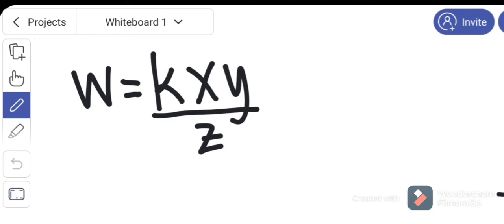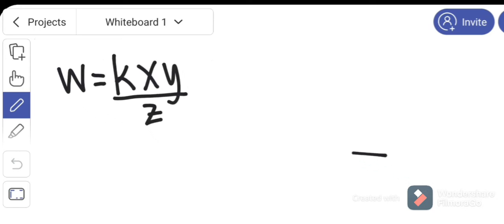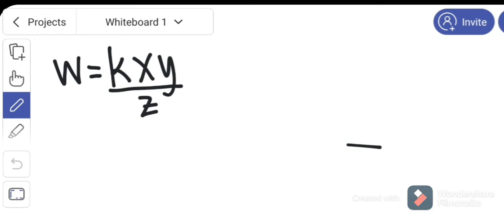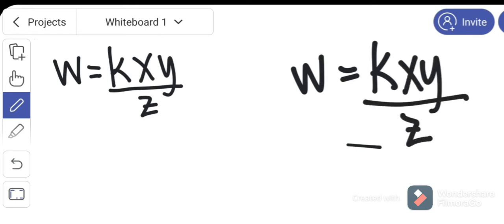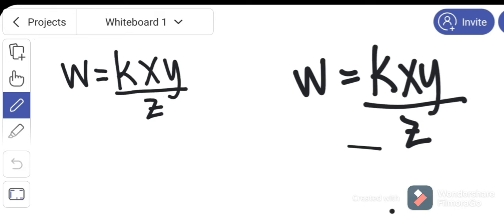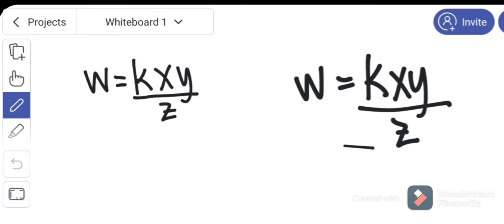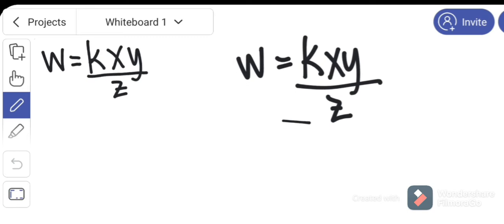Now let us derive for the value of k. So to solve for k, we have w is equal to kxy over z. Remember, we are just going to derive this from the equation that we have.